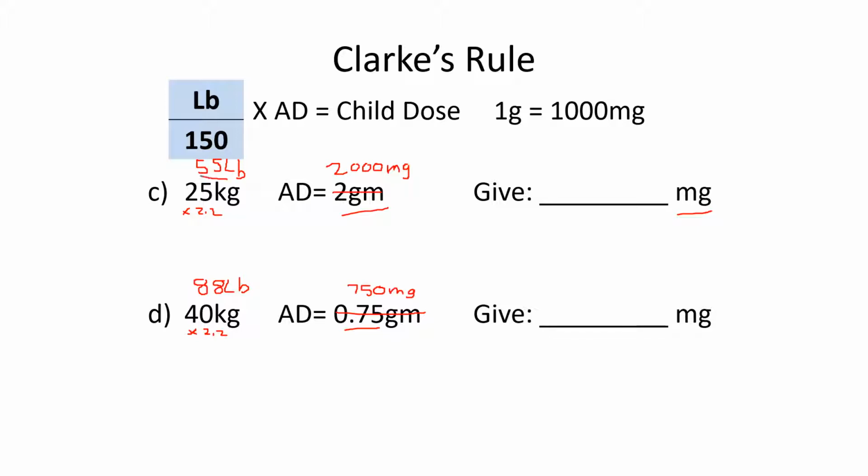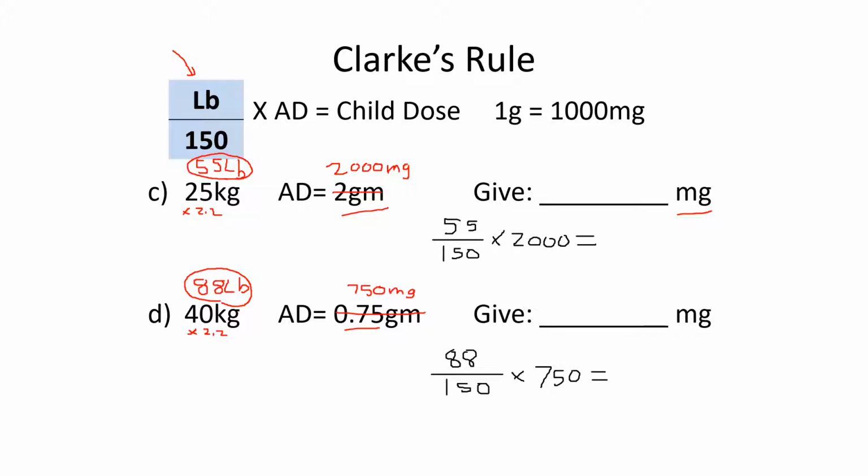So here we have 55 pounds and about 88 pounds. We'll use these numbers because our equation wants pounds. All right, 55 over 150 times 2,000 and 88 pounds over 150 times 750. 733 for C, and for D, you should get 440.